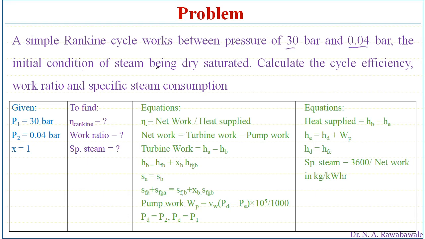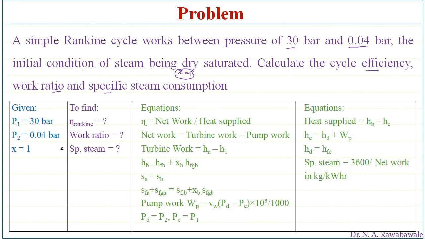The initial condition of the steam is dry saturated, meaning the dryness fraction X is equal to 1. Calculate the cycle efficiency, work ratio, and specific steam consumption. So these three things are to be calculated. How to find out these things, that we will see.